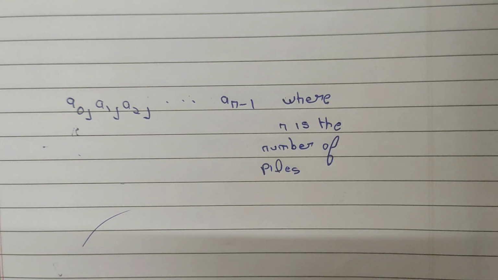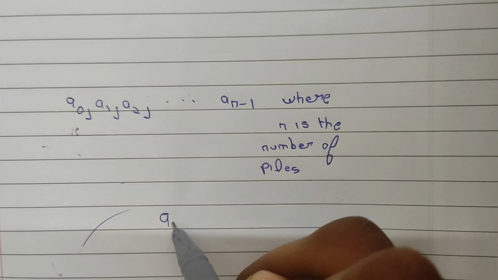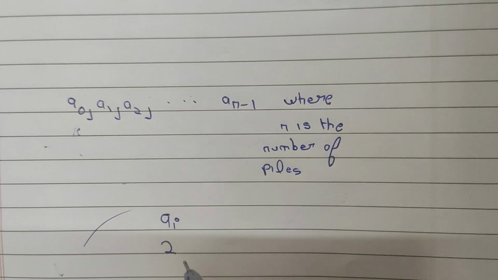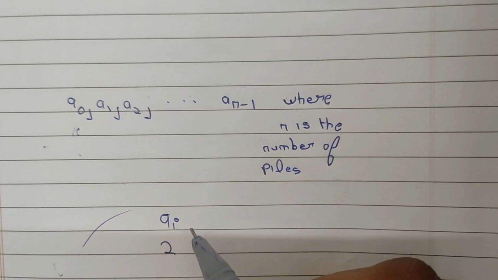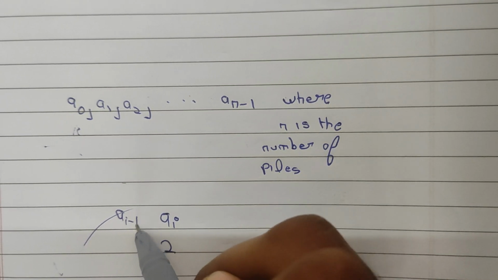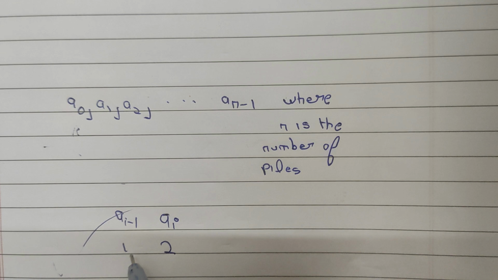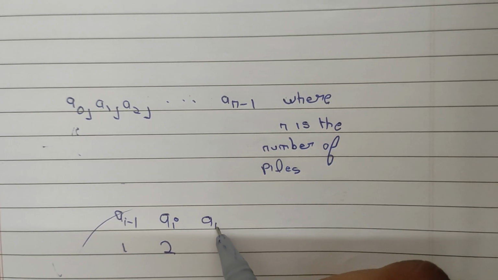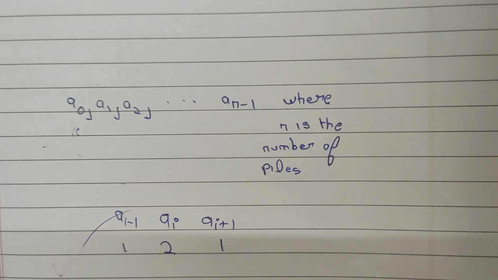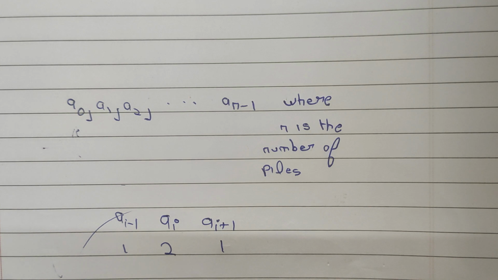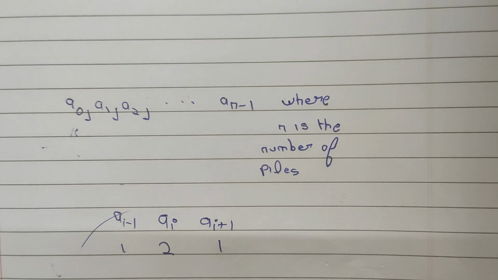You take 2 pieces of loot from the ith pile, 1 piece of loot from the i-1th pile, and 1 piece of loot from the i+1th pile. You have to do these steps in each operation.